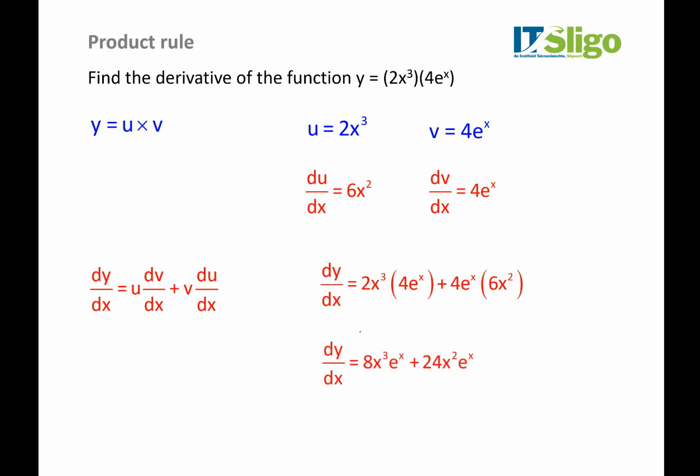Actually, well, first of all, we'll multiply them out. So this 4 will multiply by the 2. That gives us 8x cubed e to the power of x. Always write x first whenever you write an expression. Don't write it 8e to the power of x, x cubed. X kind of gets priority. It's the sign comes first, then the number, then the highest power in x, and then any functions in x.